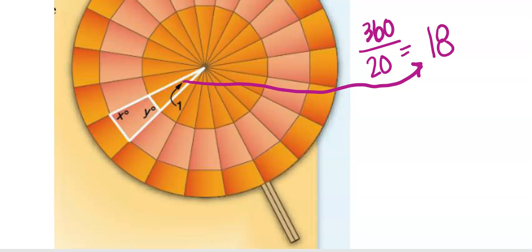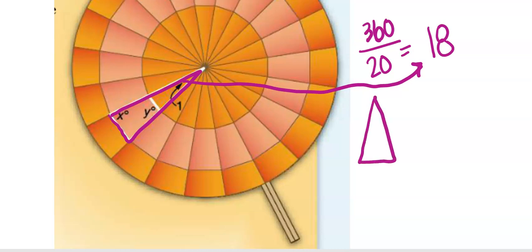Okay, then we know that it's an isosceles triangle, right? So if we look at just the triangle itself and not the isosceles trapezoid part, I'm only looking at that, we have a triangle that looks like this. This angle right here would be the same as that one, and we already know that this is 18. So we have to figure out how many degrees are left for those bottom two.